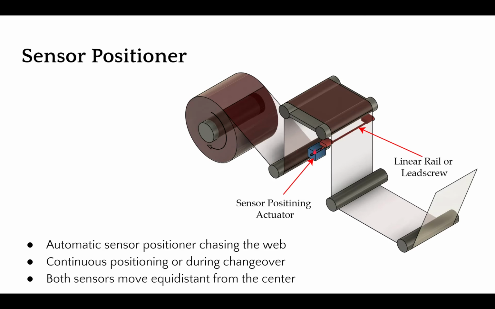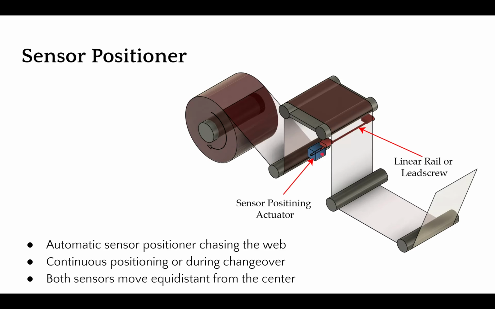The way it is done, if it's done continuously, is to actually have another control loop where the two sensors are chasing the web. One control loop is used to guide the web, and then the other control loop is used to chase the web so that it can adapt for the web width changes. So this is usually referred to as moving sensor center guide.